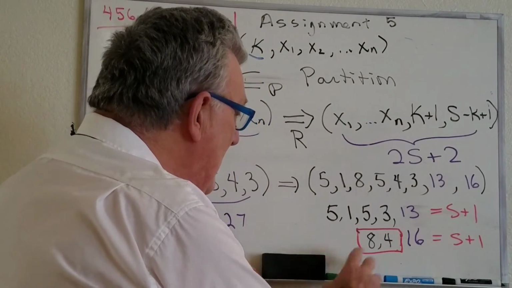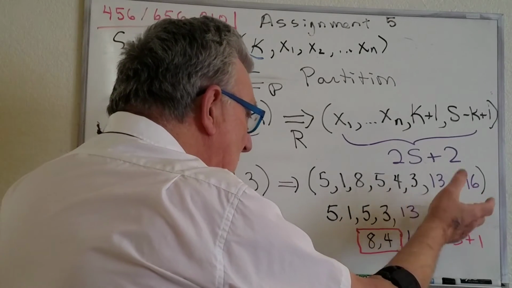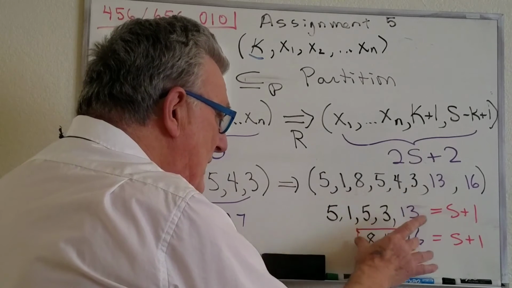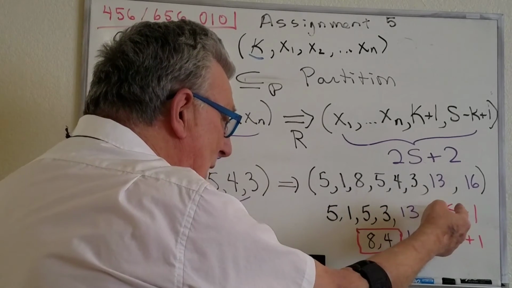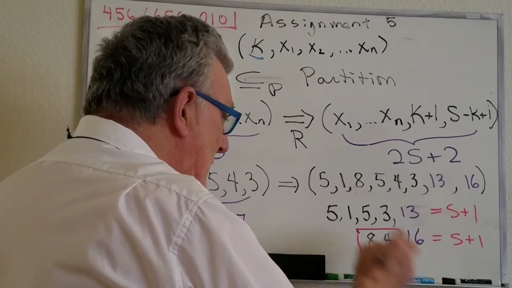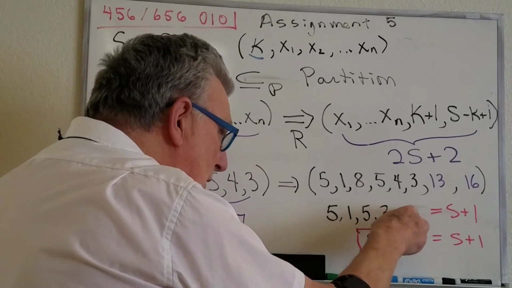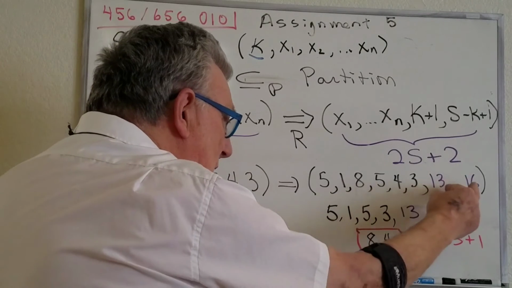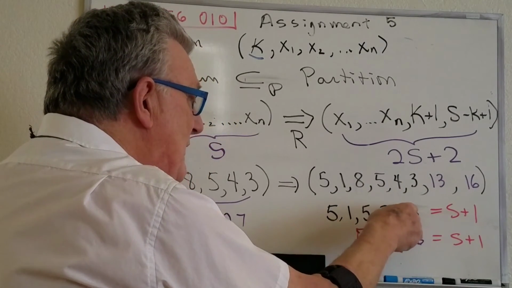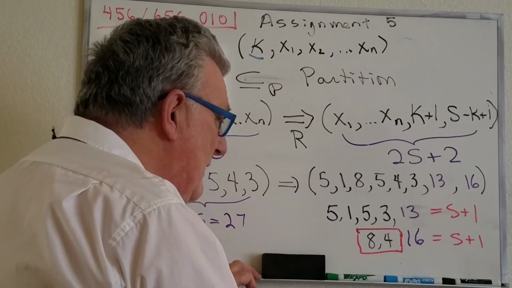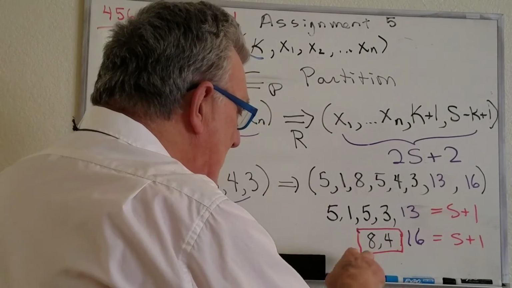All right, on the other hand, how would we go the other direction? If we can find a subset that's half of them, we have two sets whose total is s plus 1, which is half of 2s plus 2. And we know that neither of the two sets can contain both of the last two elements because their sum is s plus 2, which is larger than s plus 1.